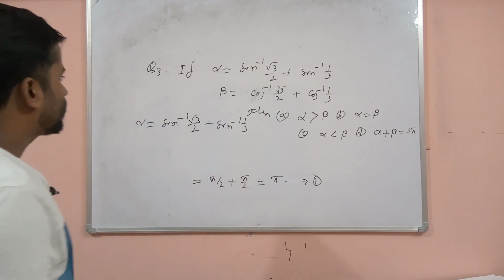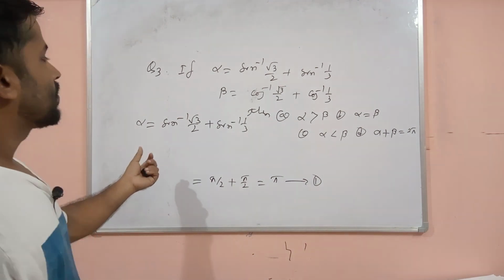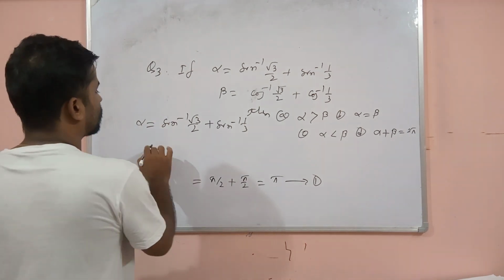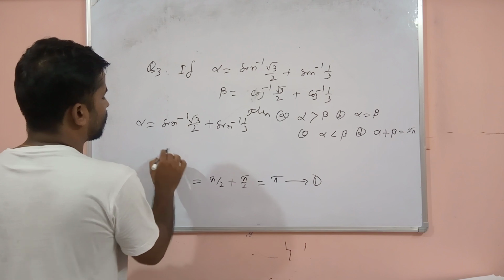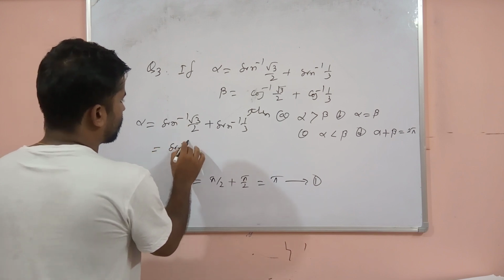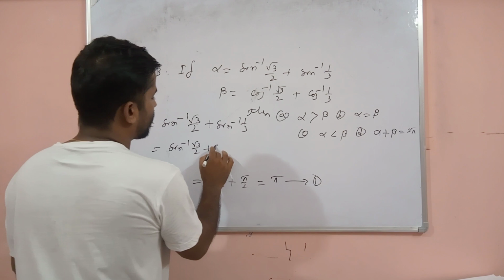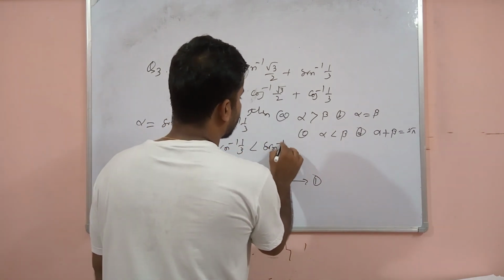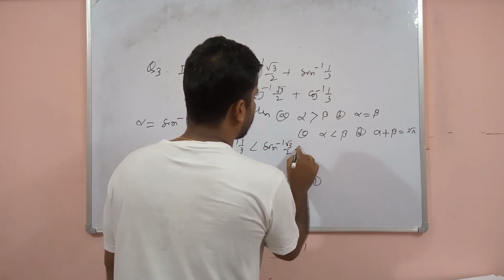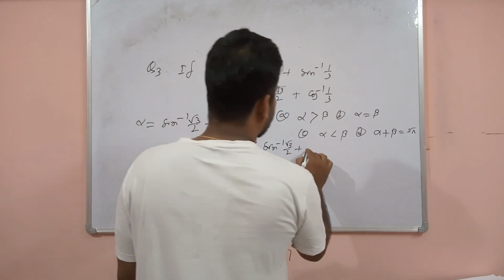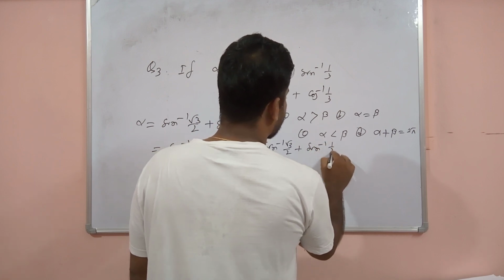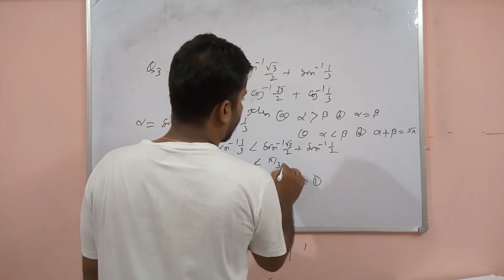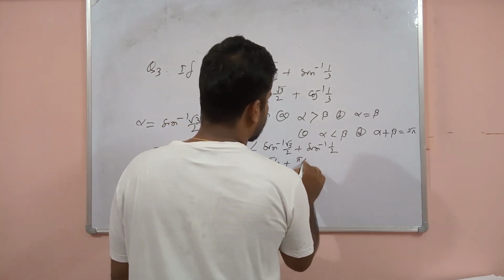But we know that sine inverse is an increasing function, so we must say sine inverse root 3 by 2 plus sine inverse 1 by 3 is less than sine inverse root 3 by 2 plus sine inverse half. Sine inverse root 3 by 2 means it is pi by 3 and sine inverse half is pi by 6.